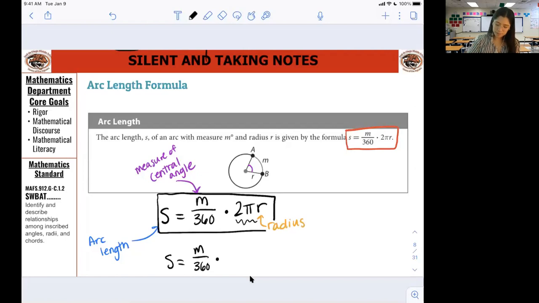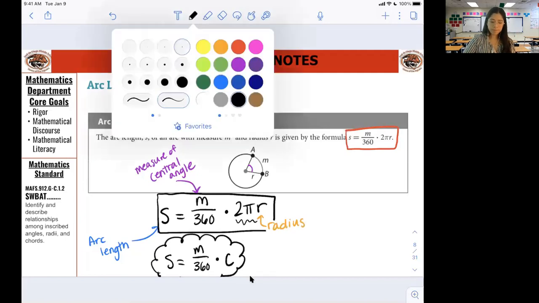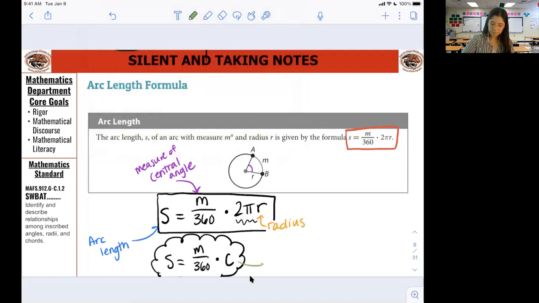The circumference. So another way to memorize this is to just remember m over 360 times the circumference. Any questions on that?